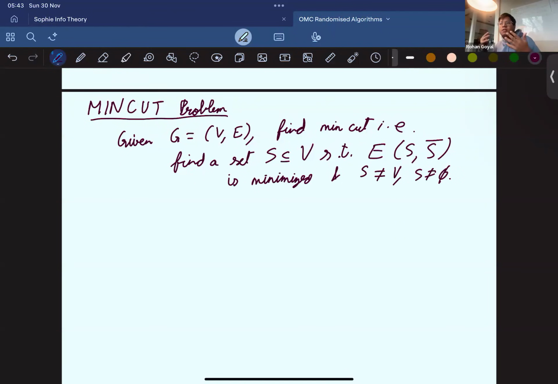So it shouldn't be the entire set, it shouldn't be the empty set, but beyond that, it is okay. Does the problem make sense?